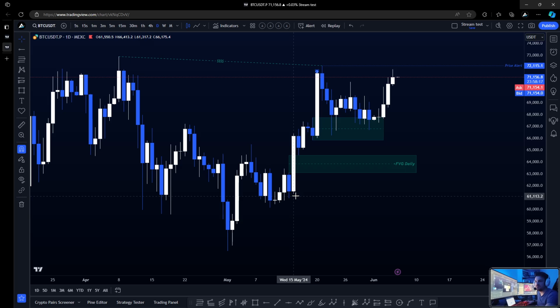So I would mark that as well, thinking that if we come down, break this fair value gap, and imagine that I'm in a short from up there, if we break this fair value gap, I know that we're going for those lows. I don't have a crystal ball, but the probability is so high that it really wouldn't make sense to not think that it would go for that, you know.